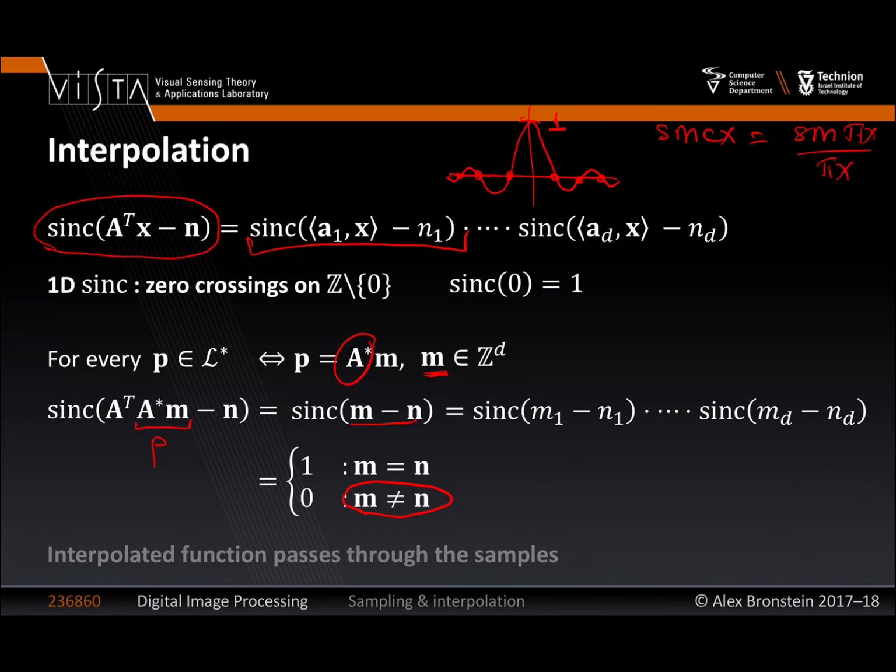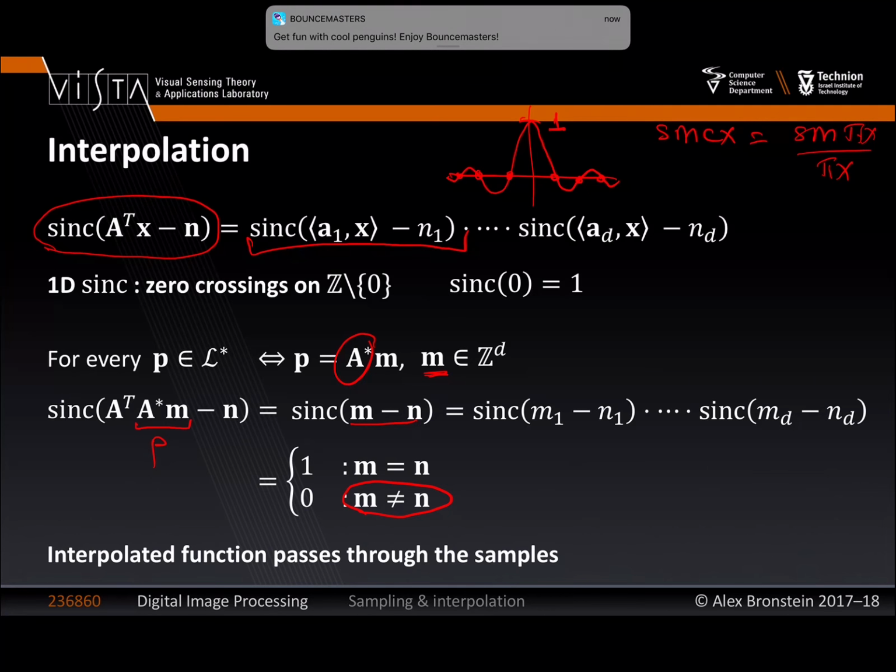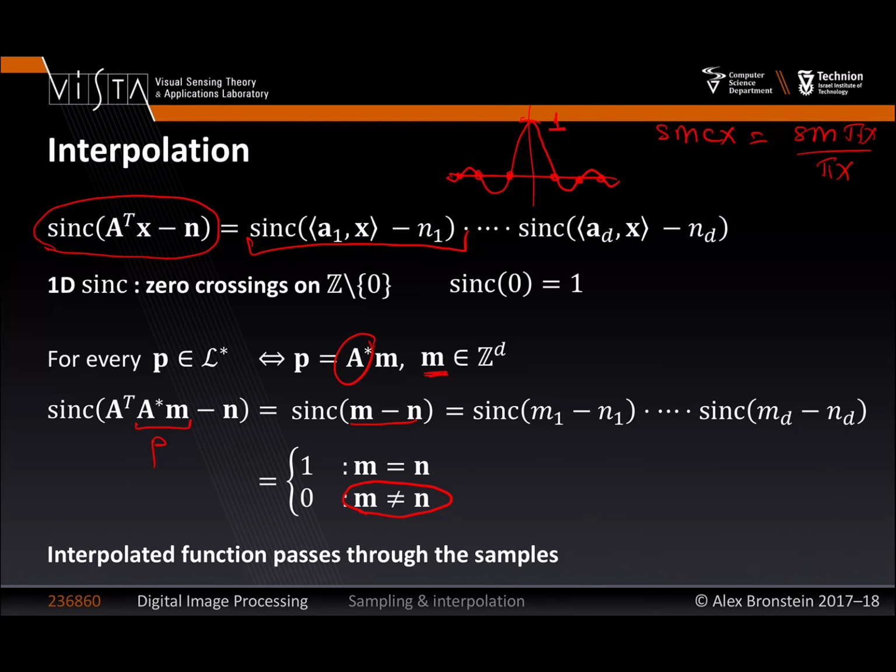What we are doing with this kernel, we are scaling it by the value of the sample, and then summing all these shifted sincs. It has some values between the samples, but for every location of the lattice which is not the sample where I'm standing, this stretched and shifted sinc will assume the value of 0 exactly. So when I sum all of them, the interpolated function will pass precisely through the samples that I collected.